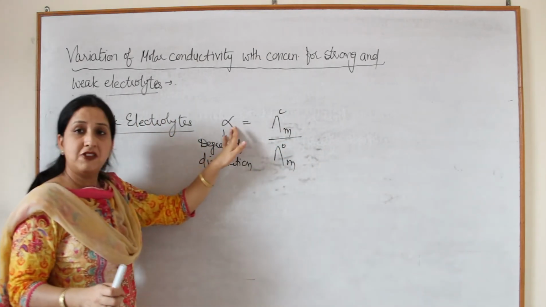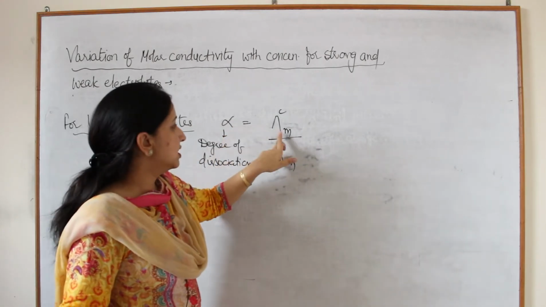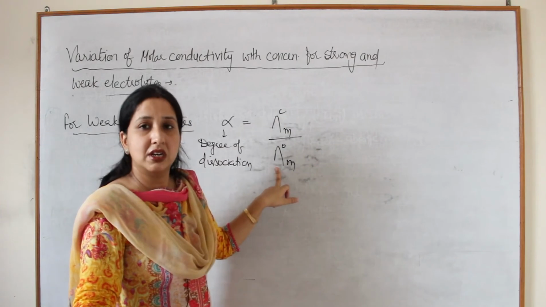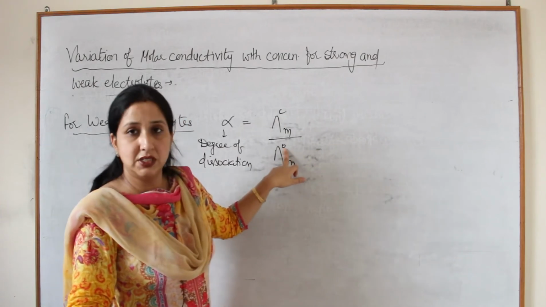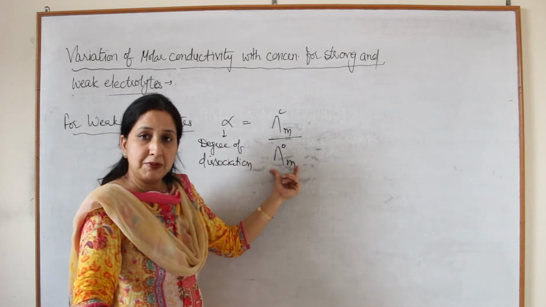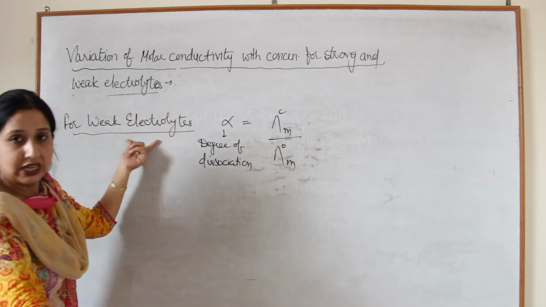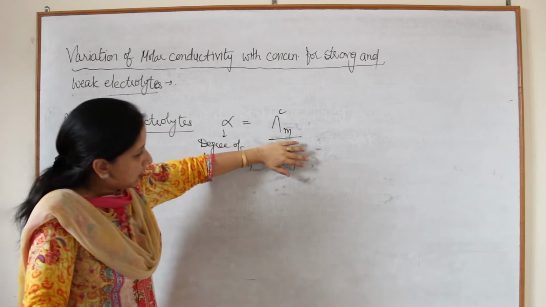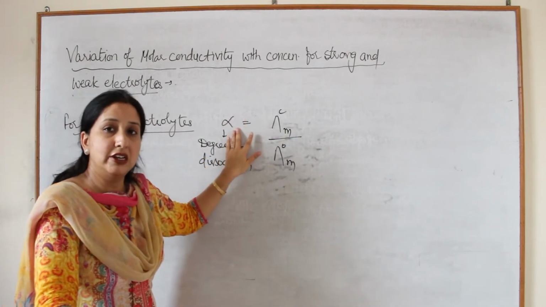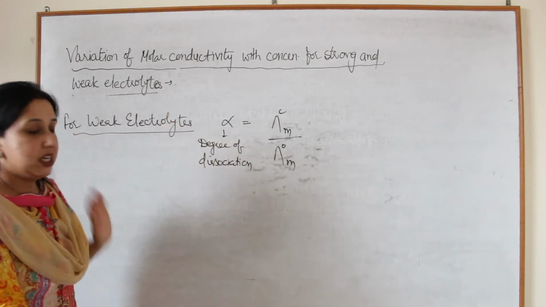Means alpha is the ratio of molar conductivity at any concentration to the molar conductivity at 0 concentration, and we don't have the value of lambda naught m for weak electrolytes. If we don't have this value, then we cannot calculate the value of alpha for weak electrolytes.